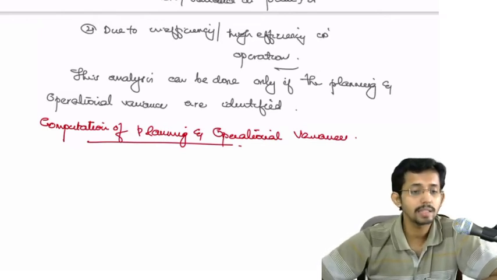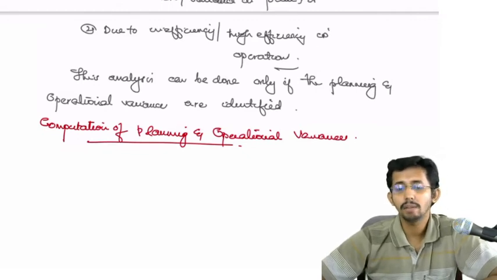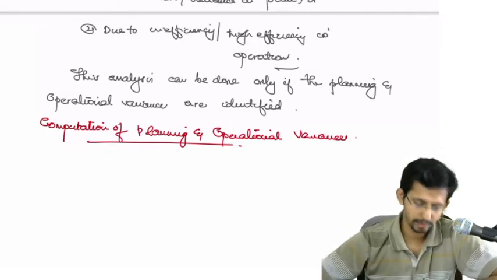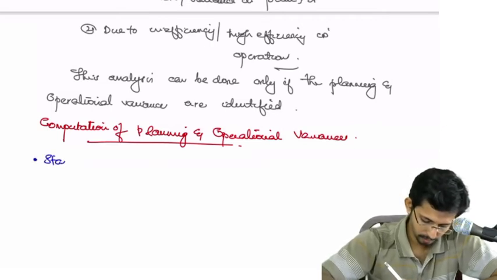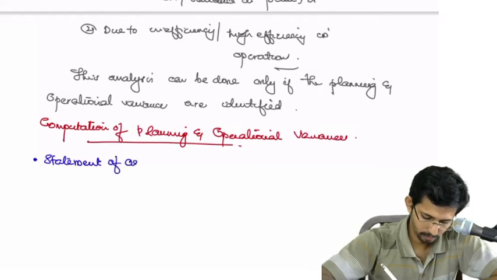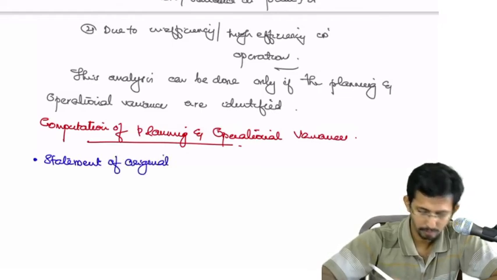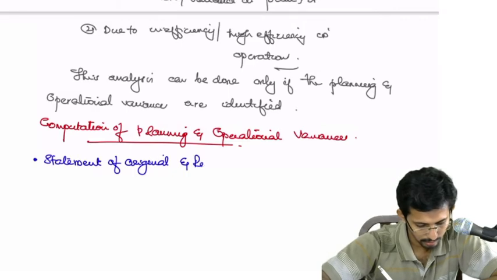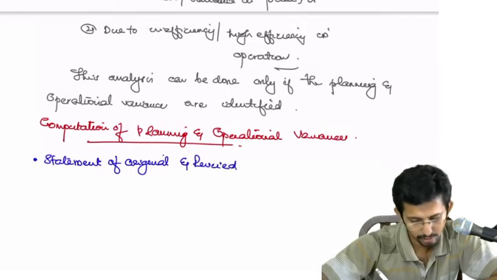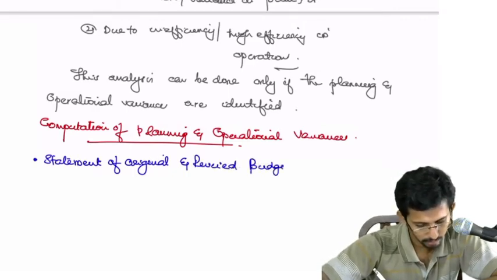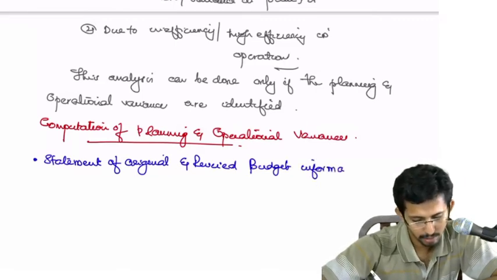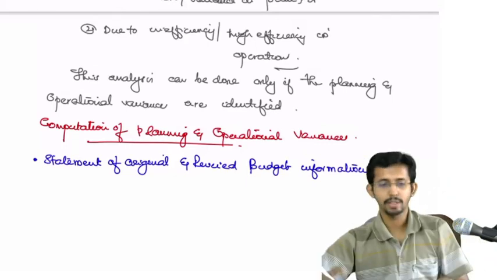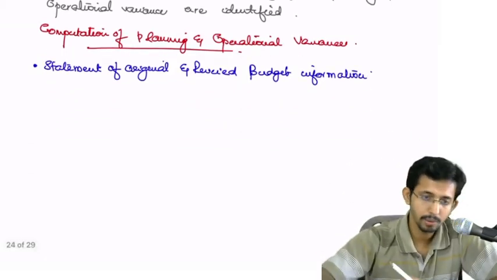First you have to prepare the original budget, then you need to have the revised budget and the actual figures. So statement of original and revised budget information.